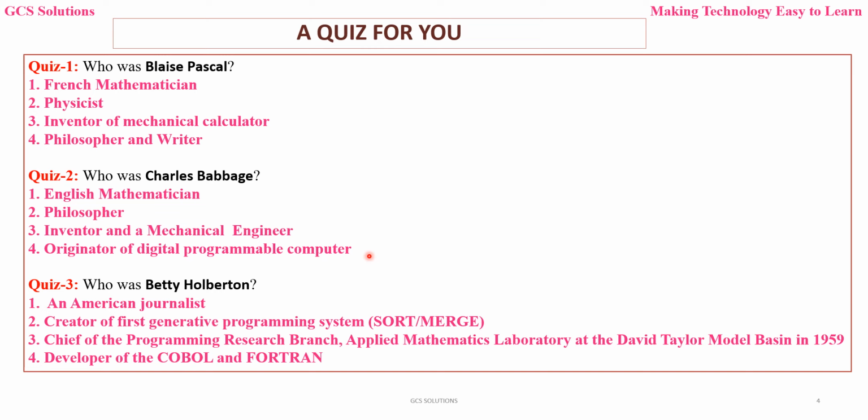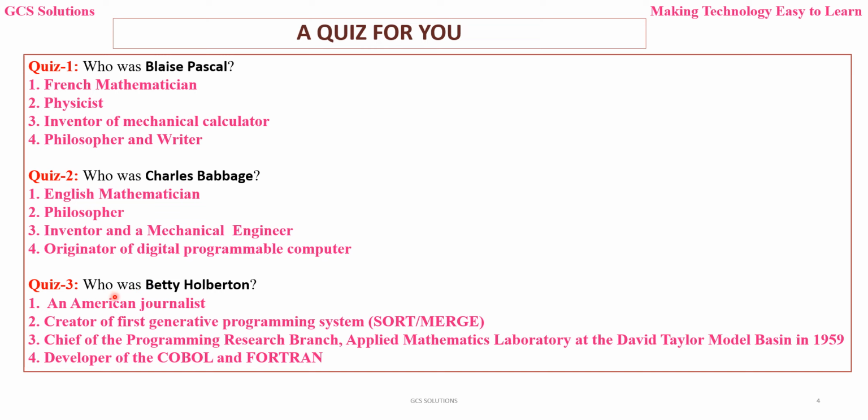The correct answer is all 4 options. Charles Babbage was an English mathematician, a person who also invented the digital programmable computer. So he was a philosopher, a great inventor, and, for your surprise, a mechanical engineer who invented the programmable computer.